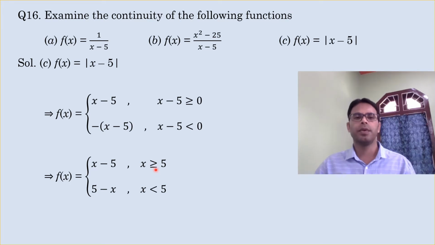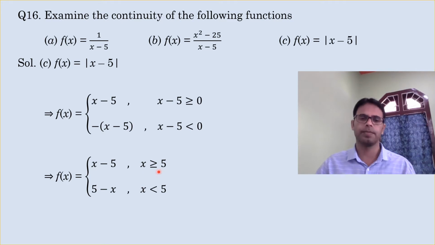Here you see, for x greater than 5, f(x) equal to x minus 5 is a polynomial function and it is a continuous function. In a similar way, when x is less than 5, f(x) equal to 5 minus x. It is again a polynomial function, and so it is also continuous for all x less than 5. So the left out point is x equal to 5.